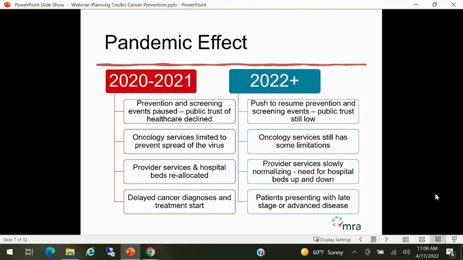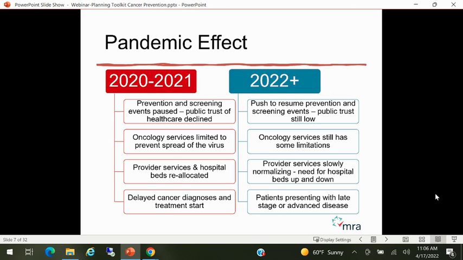Our topic today really needs to go back and include the pandemic, because that is driving a lot of what each of us are dealing with in our facilities today. When the pandemic hit us in March of 2020 and forward, we saw prevention and screening events were paused. It simply wasn't possible to take them out to the public.